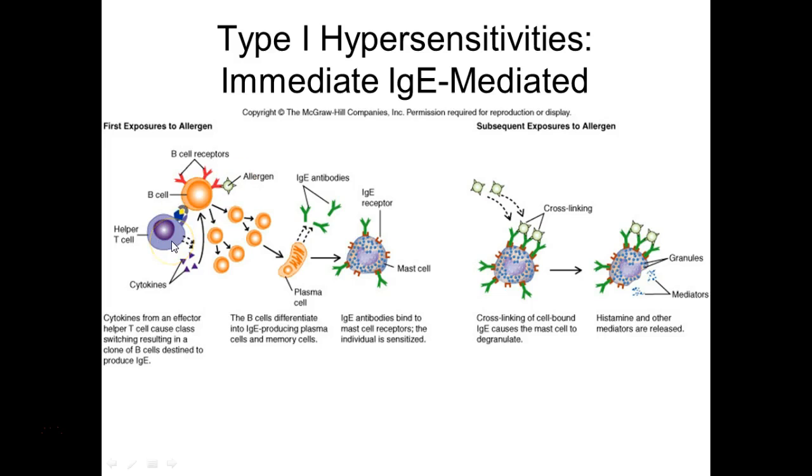The helper T cells help out and go, yeah, that's bad, and convince this guy to proliferate and to class switch to IgEs because of where this is happening. And all this is programmed, remember, in our DNA. So guess what? I have my mom to thank for this. I inherited this from her. And my poor son inherited it from me.